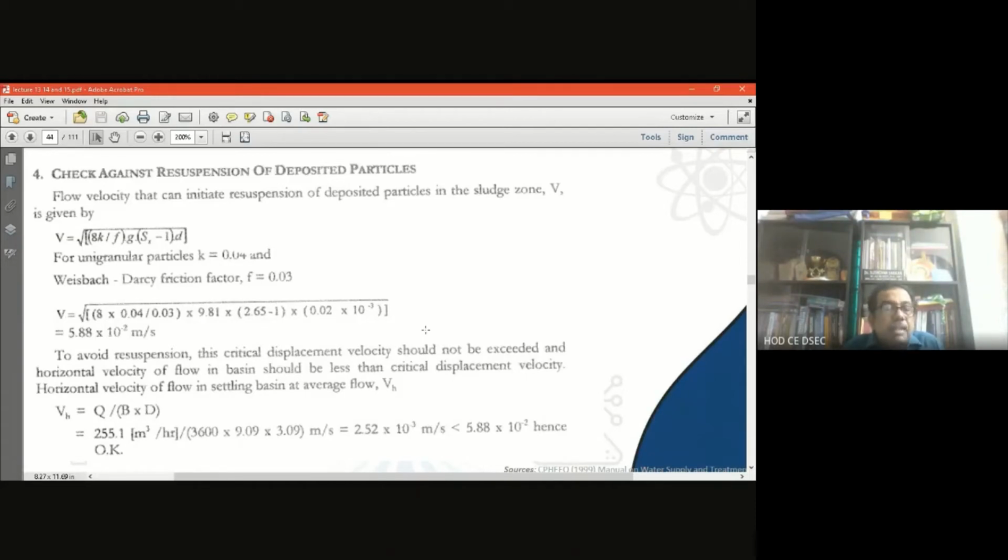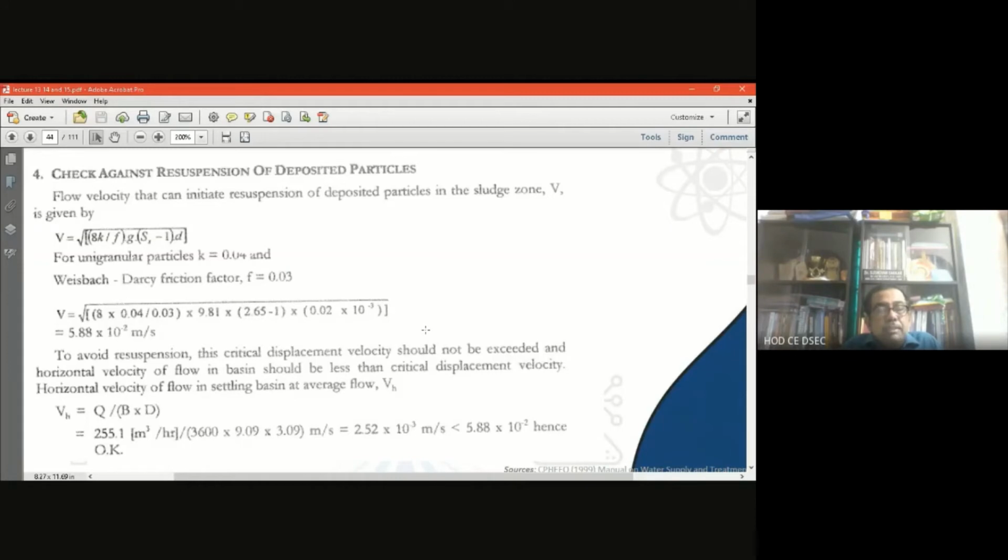For that, we have to find out the critical displacement velocity. What is the formula? Critical displacement velocity as per the CPHEEO manual, V equal to square root of 8K by f into G into (Ss minus 1) into d. That means K is given in the question, Darcy-Weisbach factor f, friction factor is given.